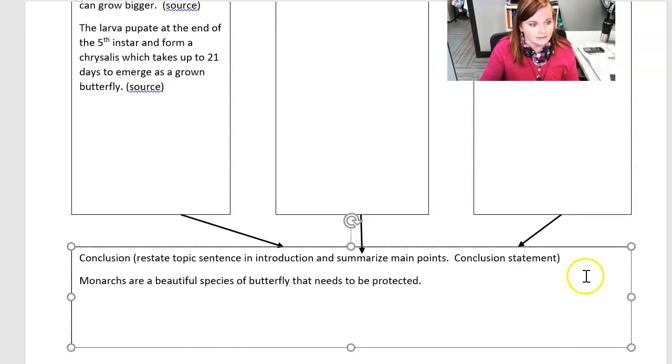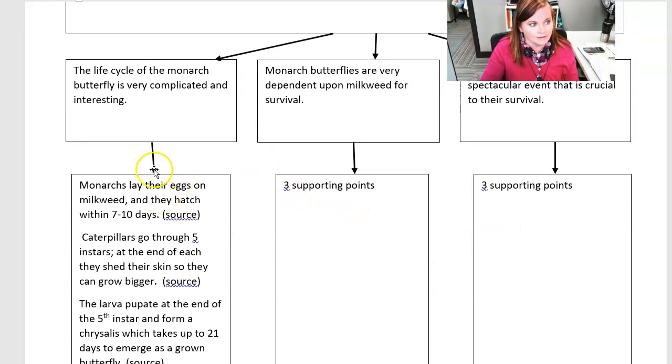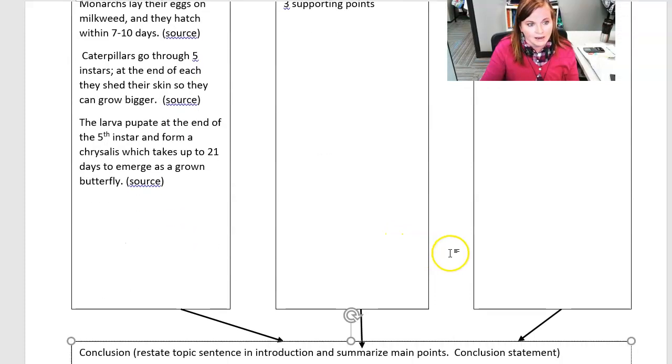And then I will list here, guys. I will go through and list some main points about this, okay? They have a complicated life cycle that's dependent upon the survival of milkweed.